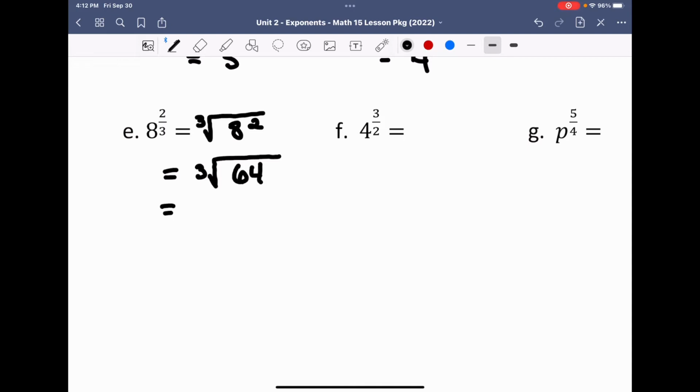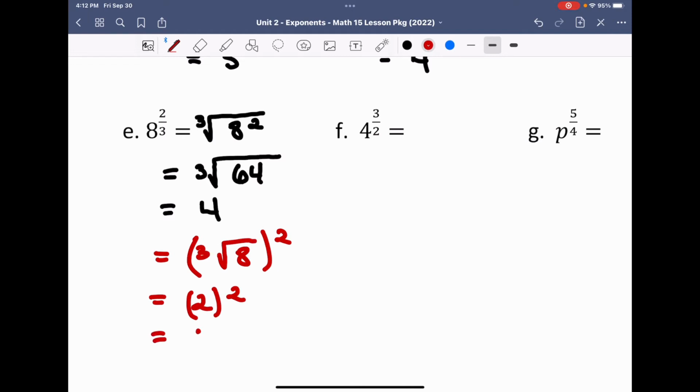The cube root of 64 is equal to 4. Now to show my secondary way, I have the cube root of 8 all raised to the power of that exponent or the numerator. This is going to be equal to the cube root of 8, which is 2, and 2 squared is equal to 4. So no matter which way you do it, the radical or the exponent first, you'll get the same solution.